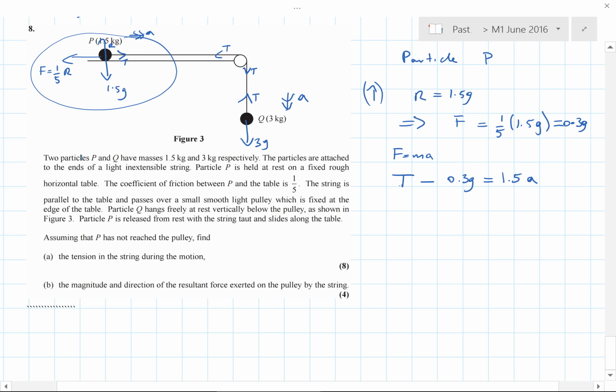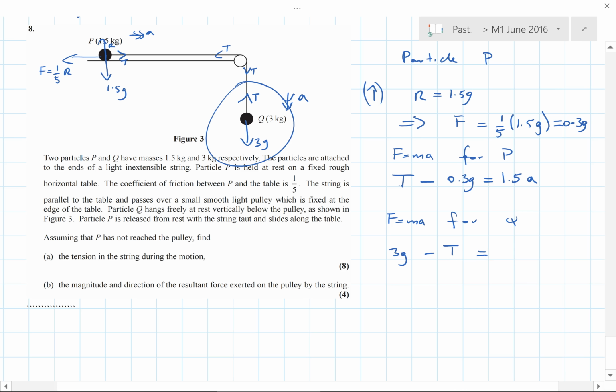So that's for P. And then we're going to apply F equals ma for Q. Well, we've only got these two forces here. We've got the 3g downwards and the T upwards, and that equals 3a.